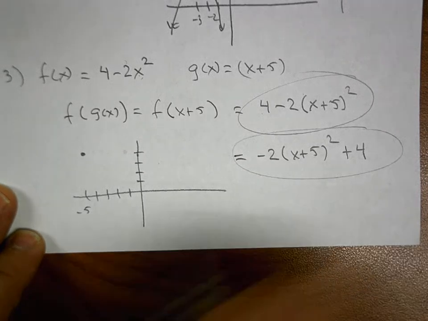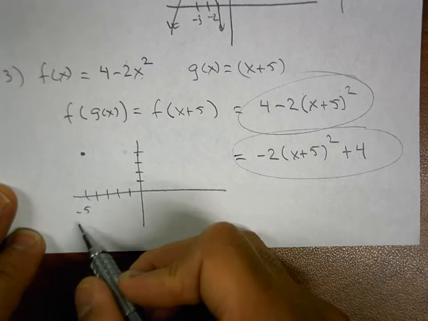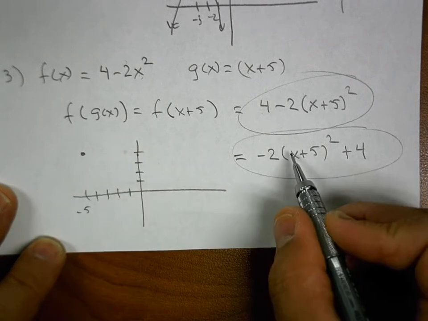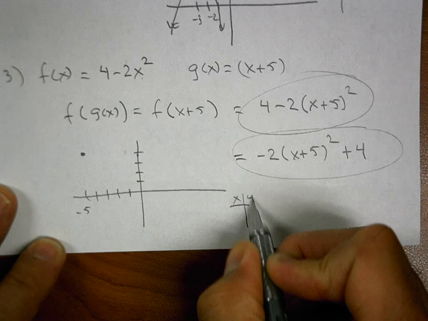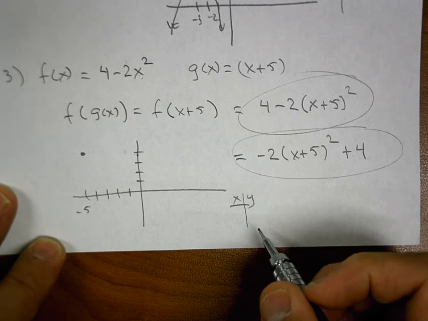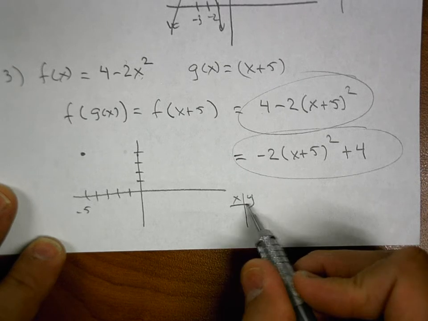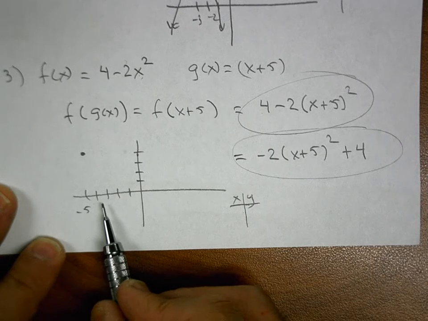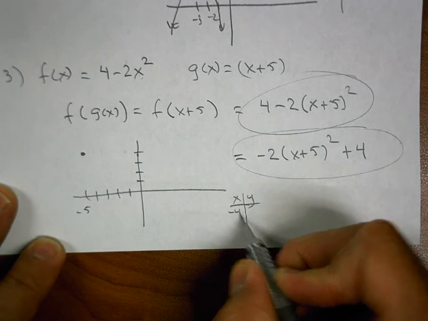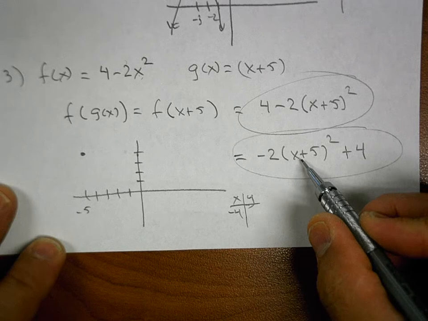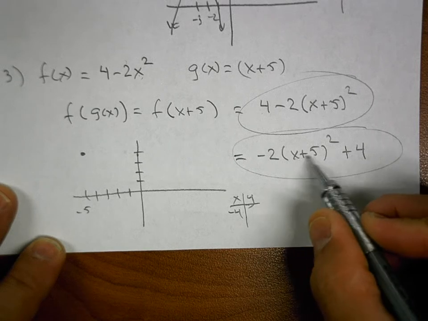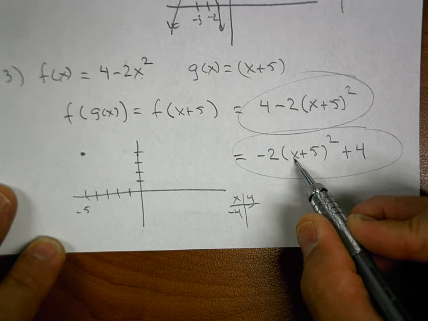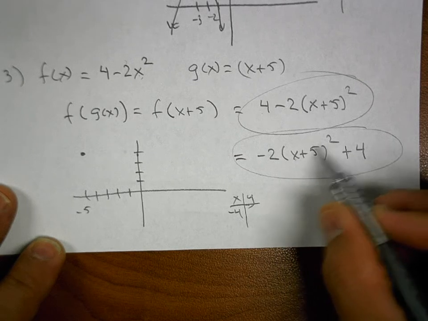So, Sydney, how do we get another point? What should we plug in? If it opens down, let's pick another point, x, y. Sure, let's pick negative 4. So negative 4 for x. Negative 4 plus 5 is 1. Squared is still 1.